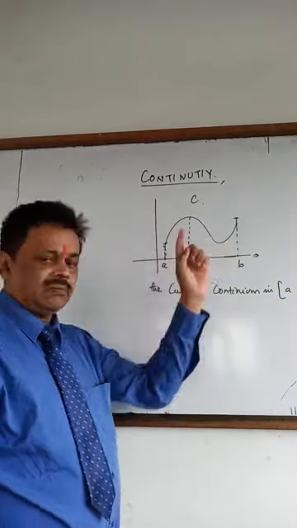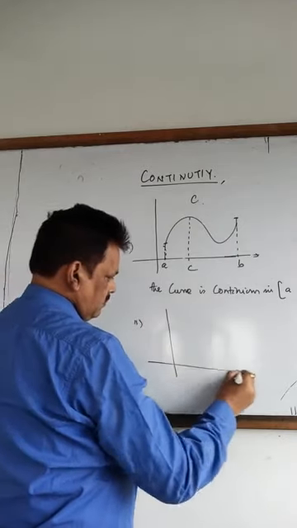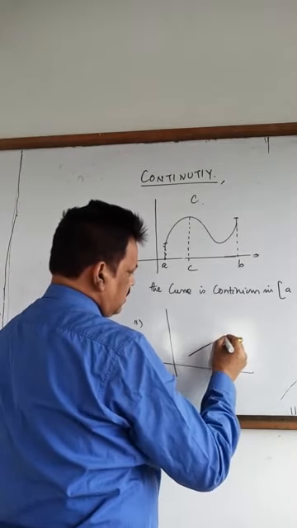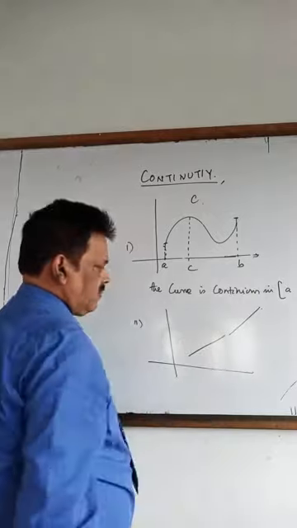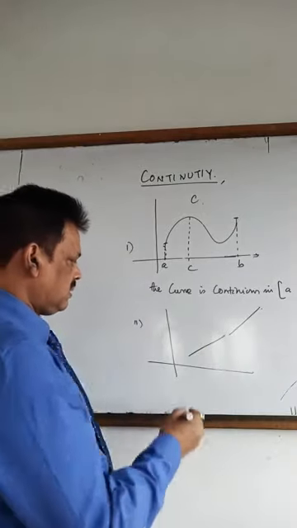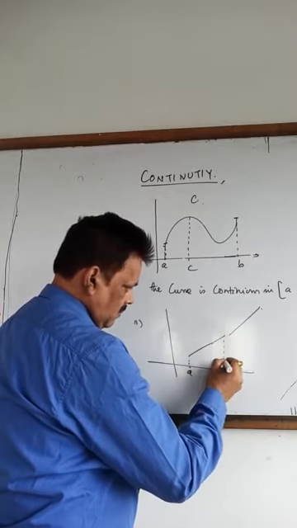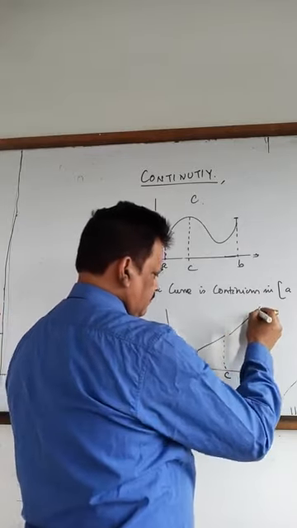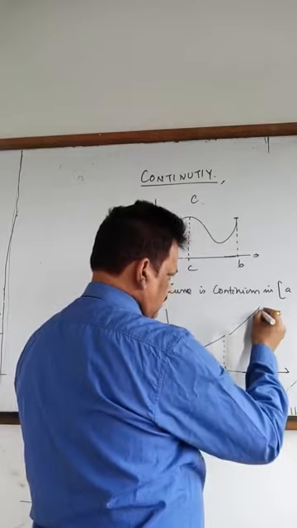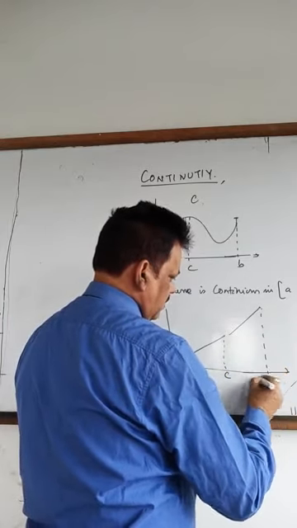Similarly, if I do another one, I can say this is a curve which is A here, C here, B here.